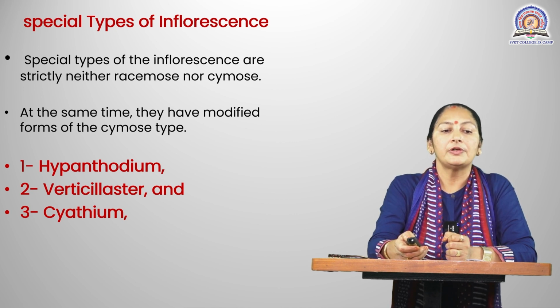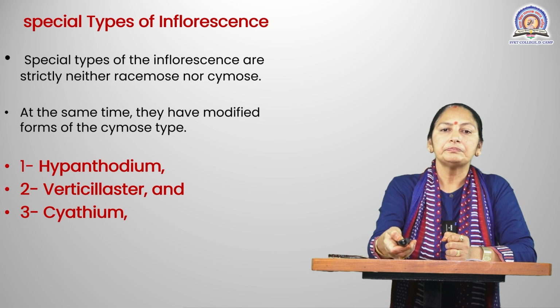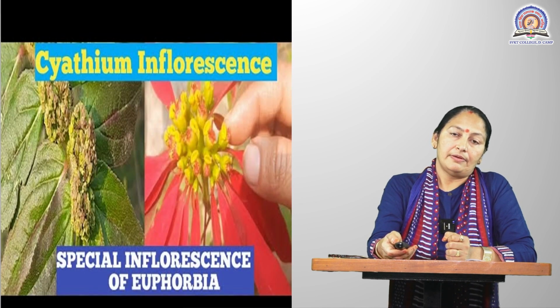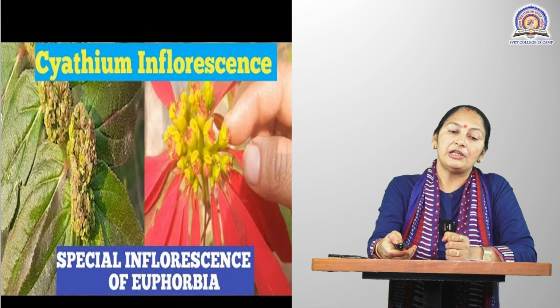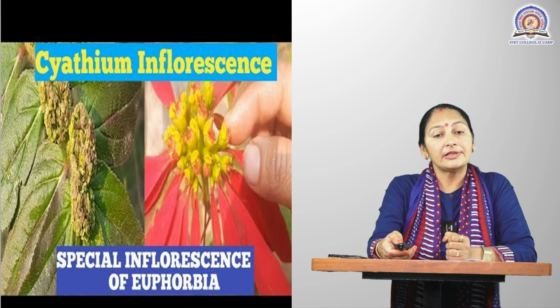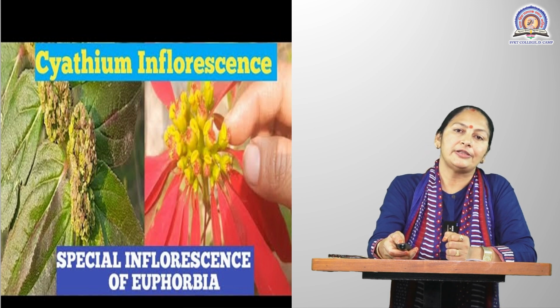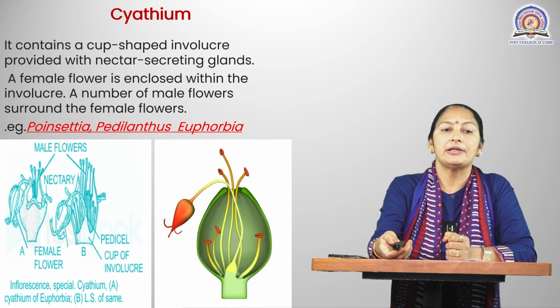First start from the cyathium type of inflorescence. Why is it the cyathium type of inflorescence? It is a special and modified type of inflorescence. It arises in the family Euphorbiaceae, and these Euphorbiaceae plants have an inflorescence that is a cyathium.